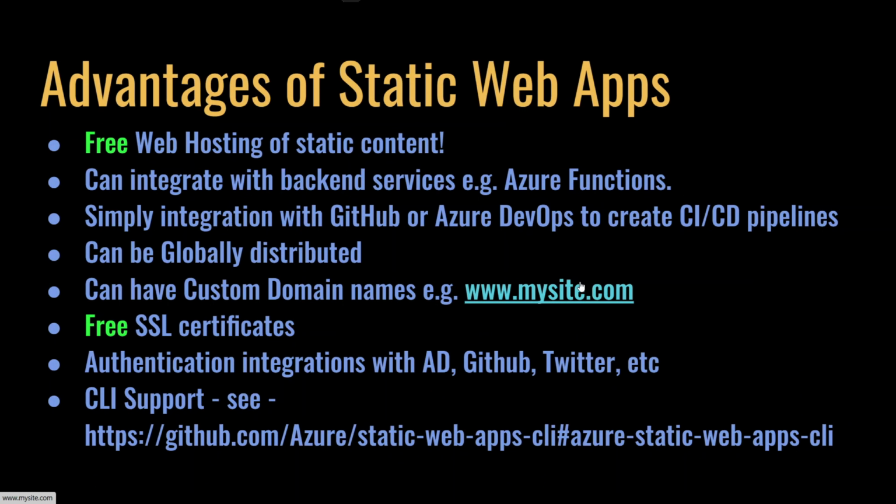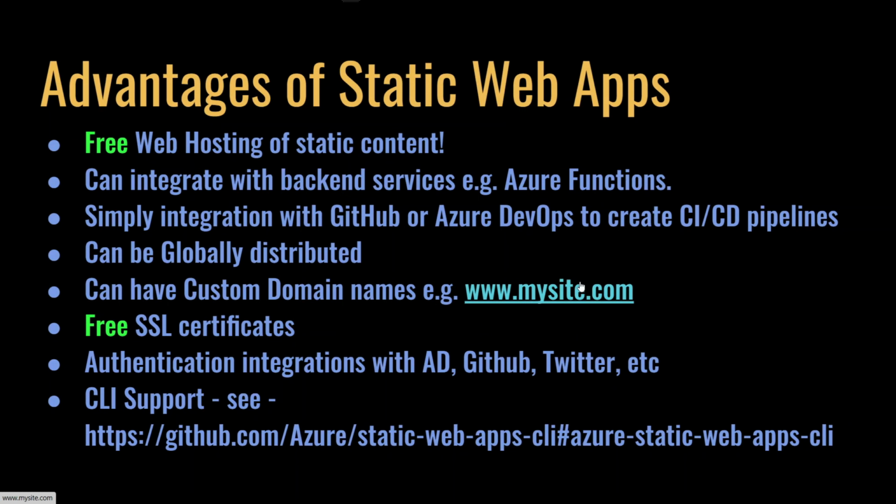Some other spin-offs from static web apps is that they can be globally distributed, so they can be in multiple Azure centers around the world, and you can do that just by some simple configuration within the Azure portal. You can add custom domains to your static web apps. We'll see when we get into the demos that when we quickly spin up a static web app, Azure will give it a made up URL that's not very memorable.